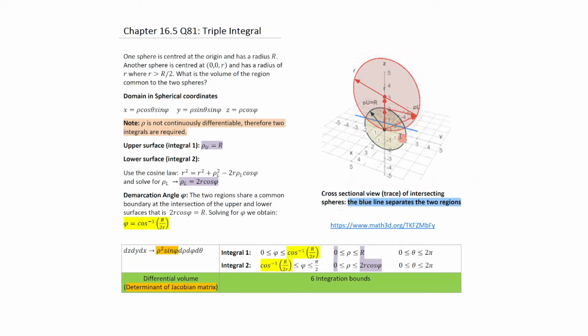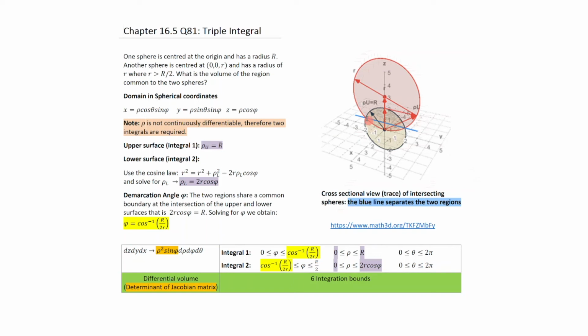From this image, it's very clear that the region of interest is right in this region here. You have the curve that you see here, and the curve that you see here. And we want to solve this problem in spherical coordinates.